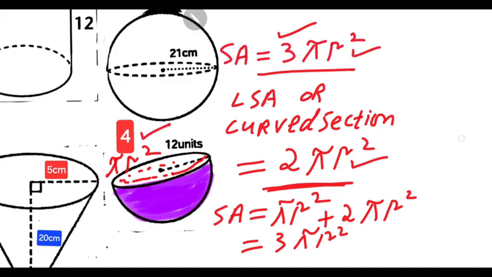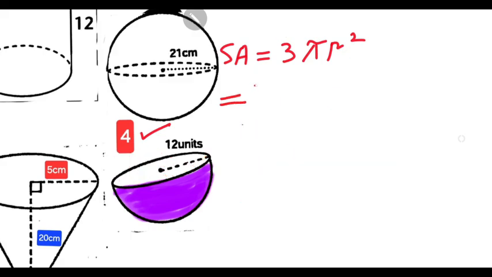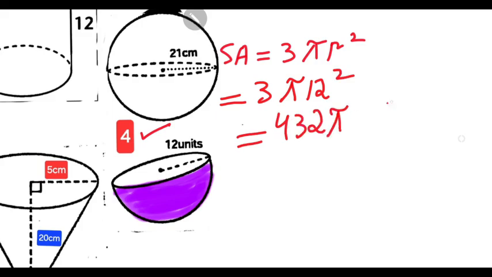That's why I write the formula 3 pi r square. So 3 pi and the 12 square. So I'm gonna use my calculator. 432 pi units square. This is my final answer.